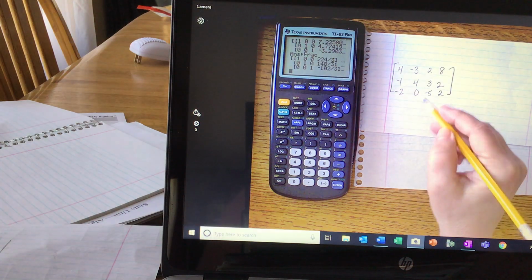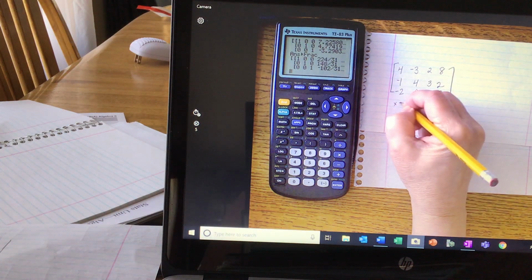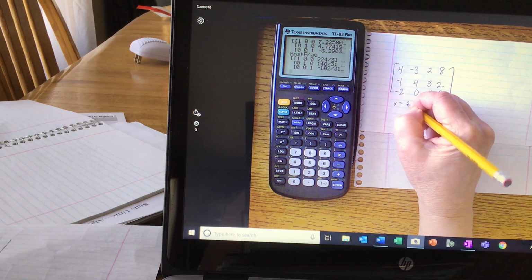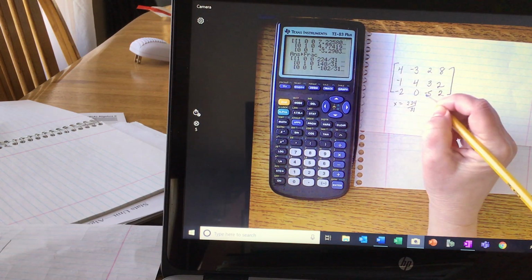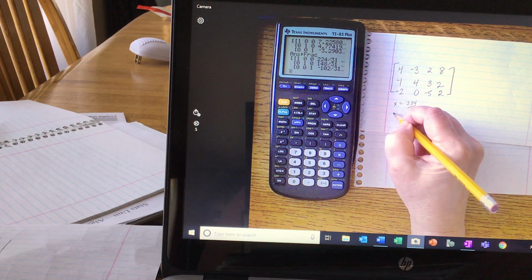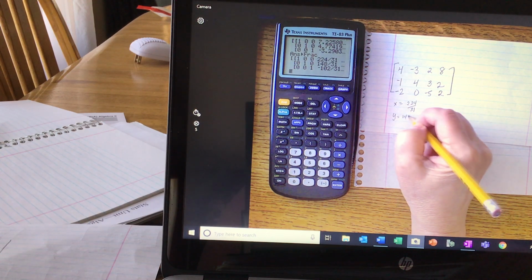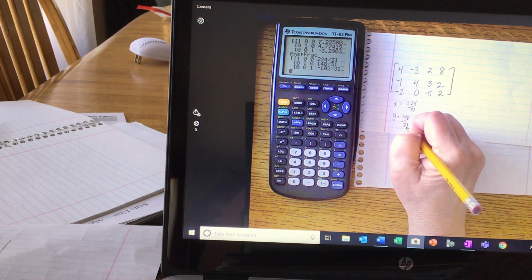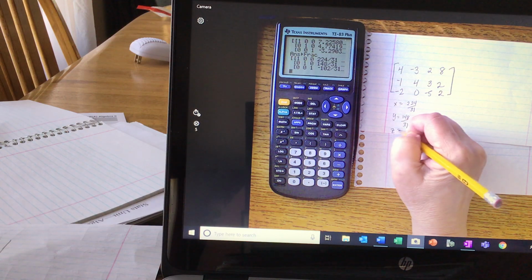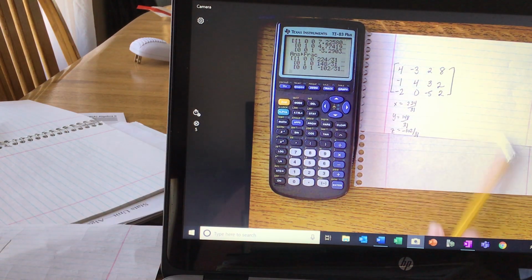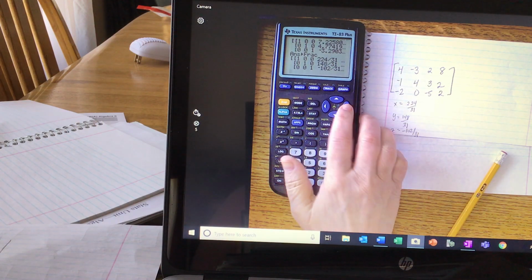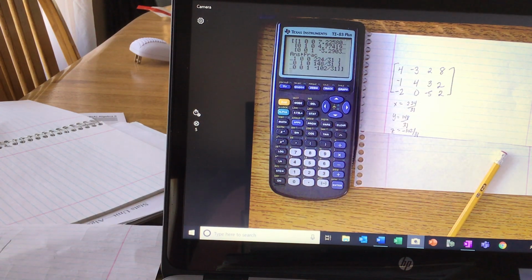So we end up with x equals 224 over 31, y equals 148 over 31, and z equals negative 102 over 31. And that is how you enter it on your calculator.